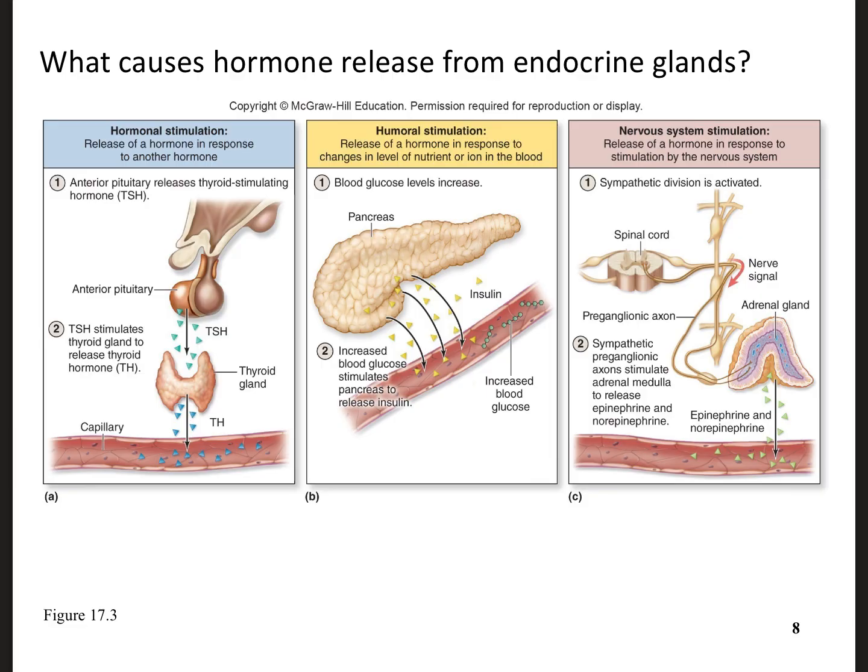Low levels of calcium, right? The levels of calcium in the blood go down below set point, the body recognizes that, and starts to release parathyroid hormone. Parathyroid hormone targets osteoclasts to break down bone, and then the calcium gets moved from the bone into the blood. What happens to blood calcium levels? They start to go up. That's controlled by negative feedback.